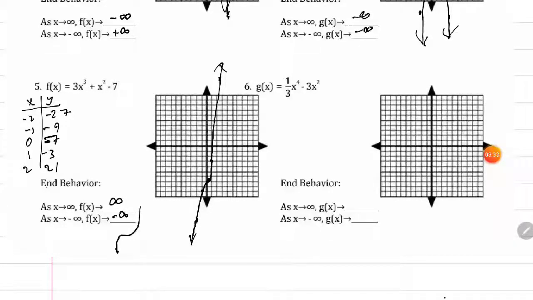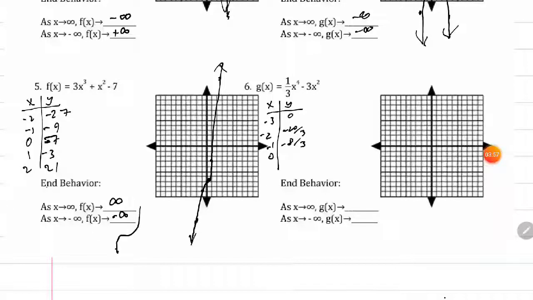Alright, number 6. This one would have taken some trouble because we have that fraction there. But if I plug in negative 3, I get 0. Negative 2, I get negative 20 over 3. If I plug in negative 1, I get negative 8 over 3.